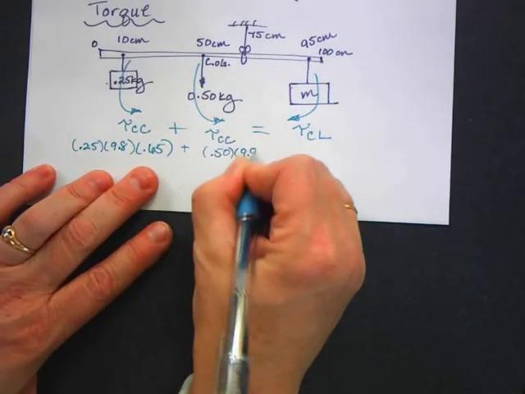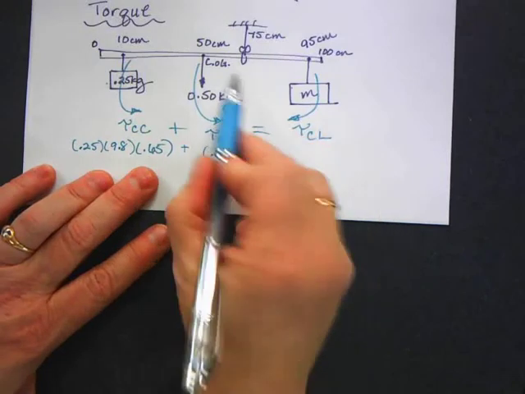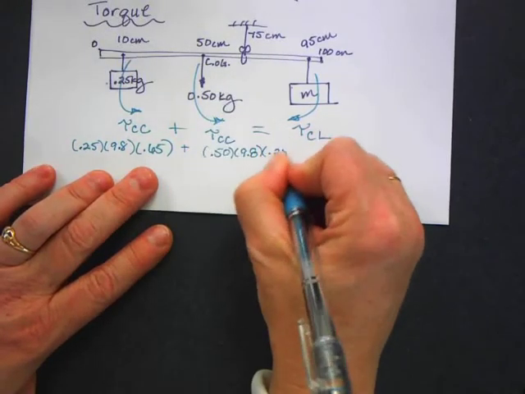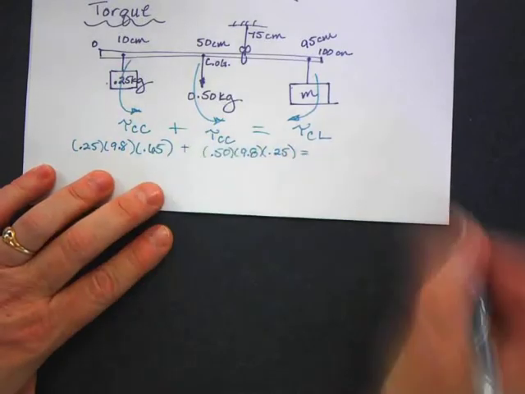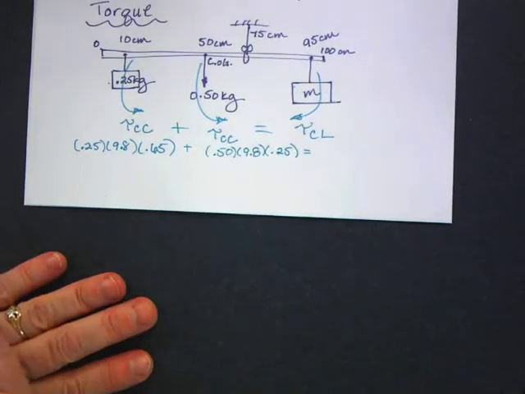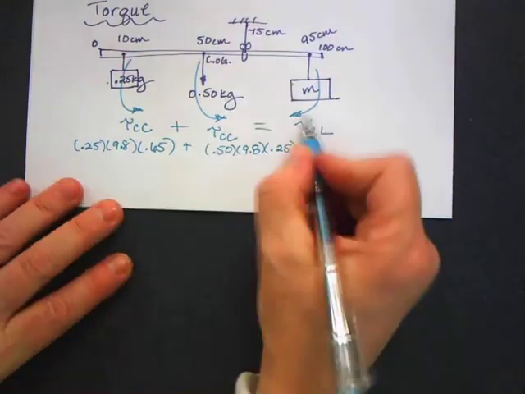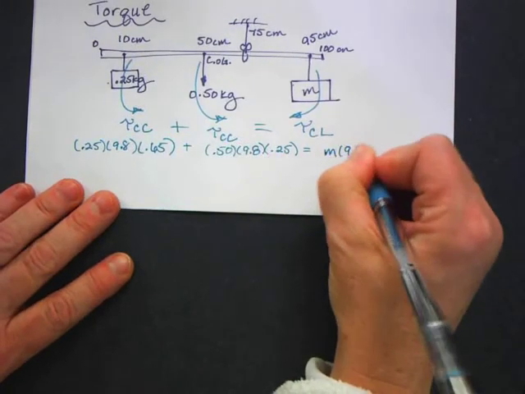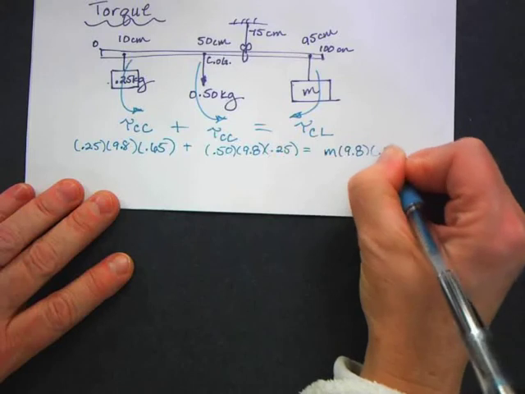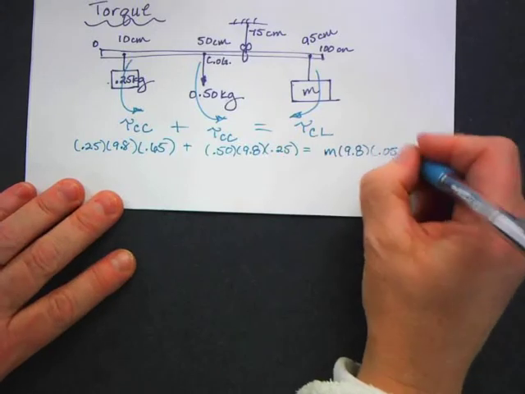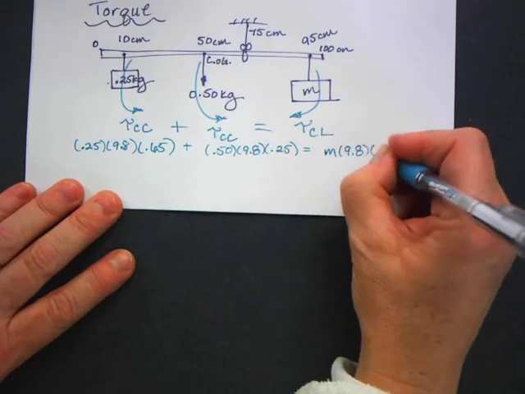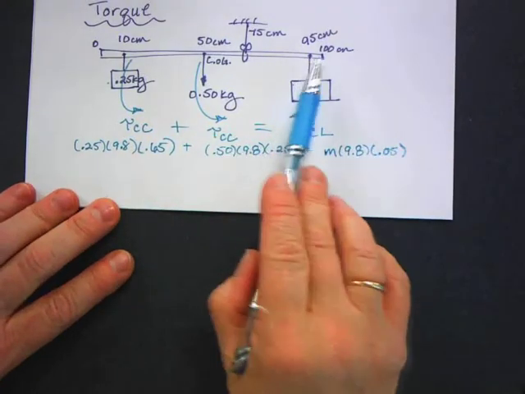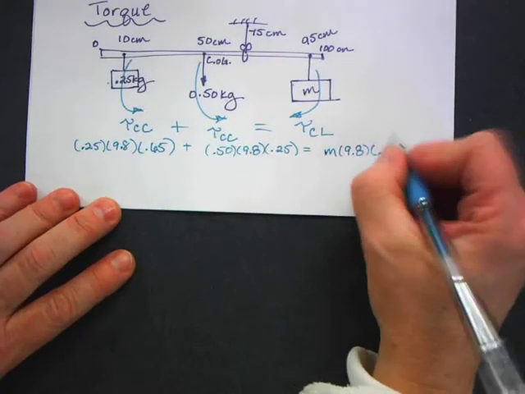Can I write this one in, this expression? Are you ready? Mass times gravity, if you're leaving gravity in, times 0.25 since I'm in meters, or 25 if you stayed in centimeters. Right? And then we're going to balance that against the unknown mass, which is m times g times 0.05.